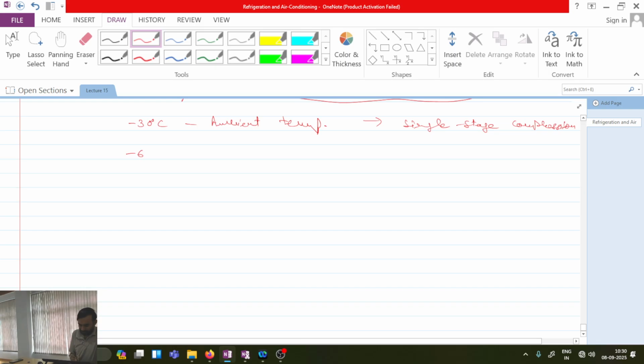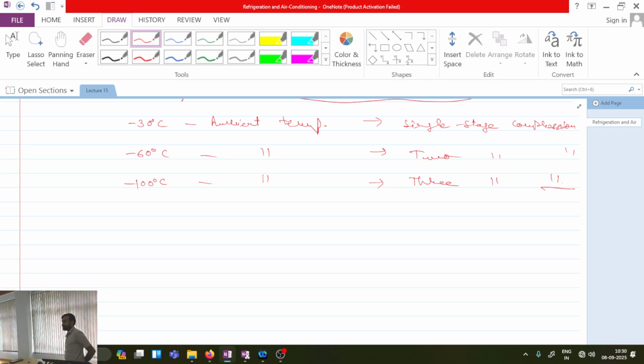If I operate from minus 60 degrees Celsius to ambient temperature, then we have to go for two-stage compression, and if I go from somewhere around minus 100 degrees Celsius to ambient, then we go for three-stage compression. Now thermodynamically, if I have to go below that, because there are many applications, for example liquefaction of gases, where we have to go to temperatures as low as minus 200 degrees Celsius.